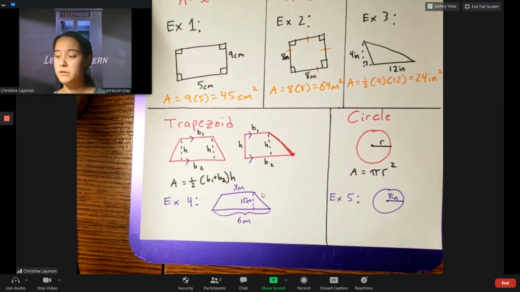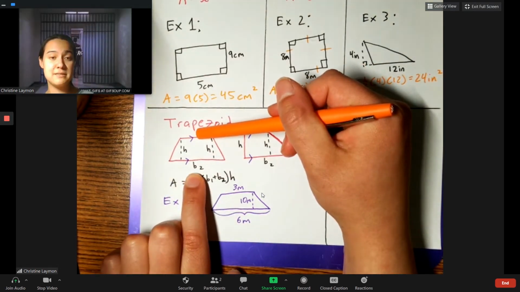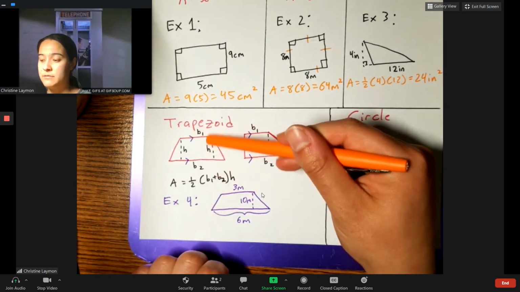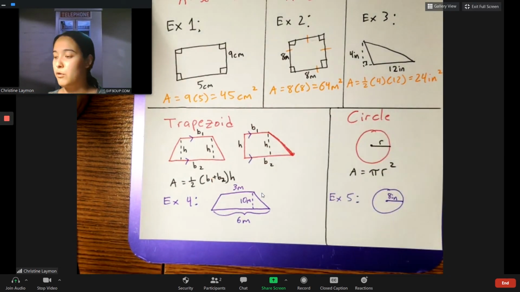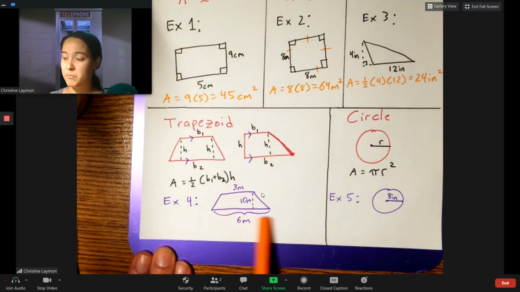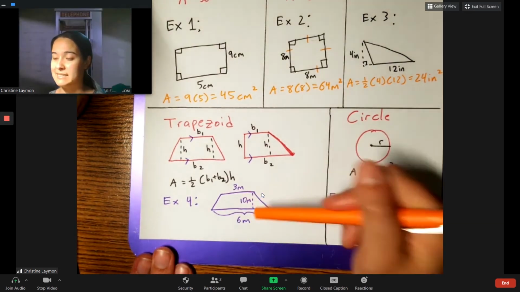To find their area, we're going to do 1/2 times the sum of the 2 bases, and then times the height. So directly up and down, or something that forms a nice right angle. In this example here, my base 1 is 3, my base 2 is 6, my height is 10.